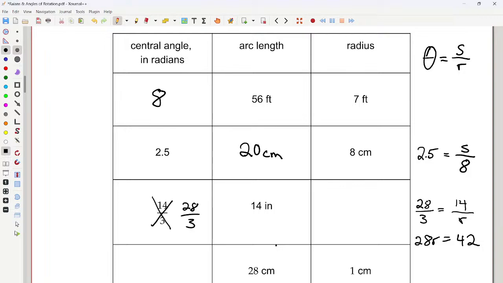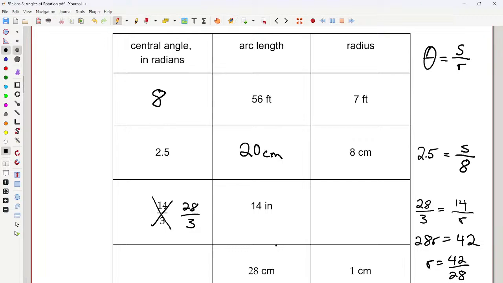I was going to point that out too. Another thing you can do when you have a fraction equal to a fraction is literally just cross multiply. 28R equals 3 times 14. And then we would divide by 28. 42 over 28.